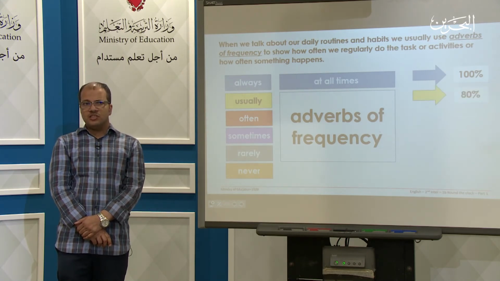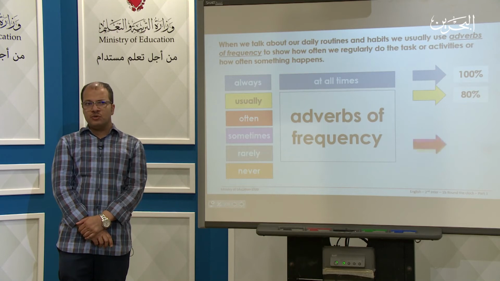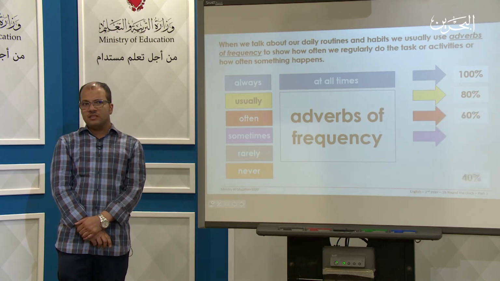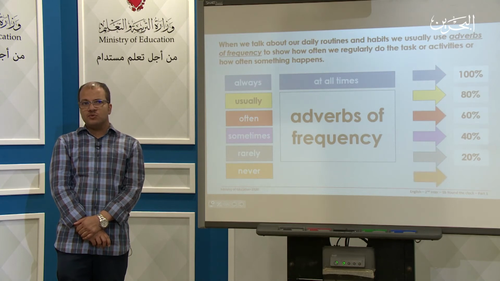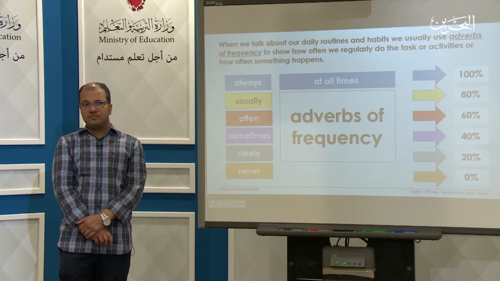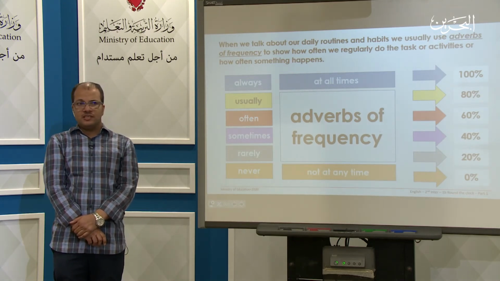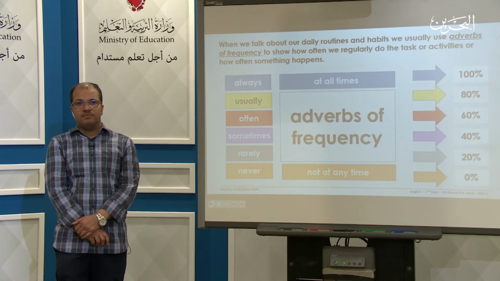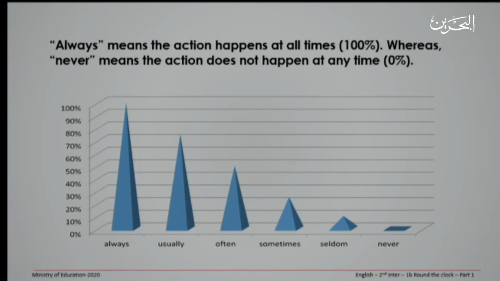Such a percentage descends further as we go down until it reaches 0%, which is used by the adverb never, which means the action doesn't happen at any time. Another adverb of frequency that takes less than 10% of the time is the adverb seldom.